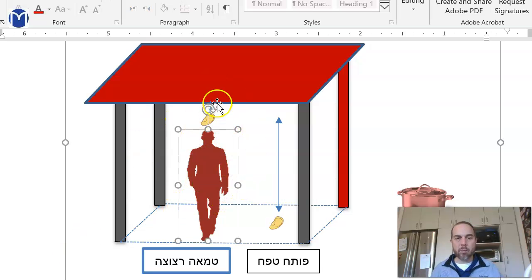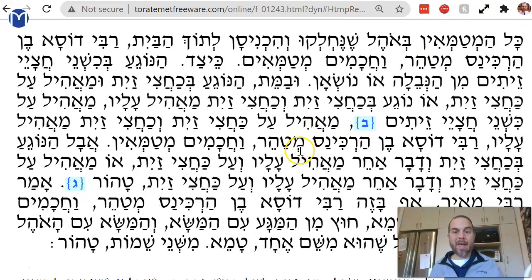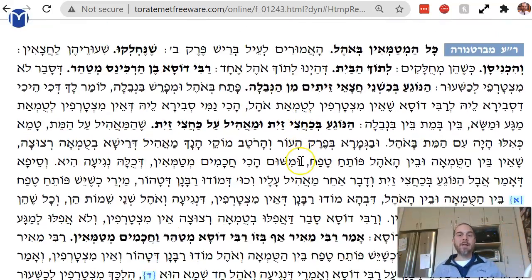There's less than a tefach between this person and the thing that's being ma'ahil alav. It's mamash less than a tefach, and then the tumah is like right over, and there's a difference in this case. There's also another difference: if the ohel is so close to the tumah that it's less than a tefach, then the tumah continues and is unbroken.